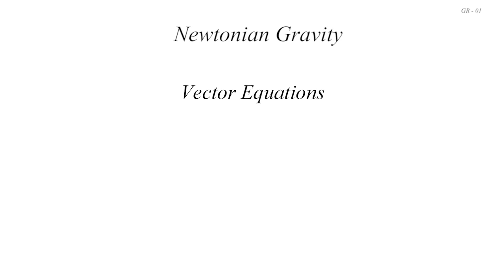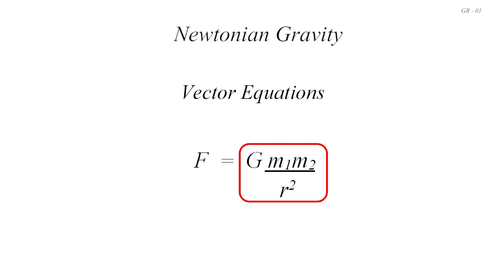And there's a reason for this, and it often crops up when teaching topics such as this in physics. For example, we gave the equation for the magnitude of the force between two masses m1 and m2 as G m1 m2 over r squared. And that's fine for the magnitude or the size of the force.